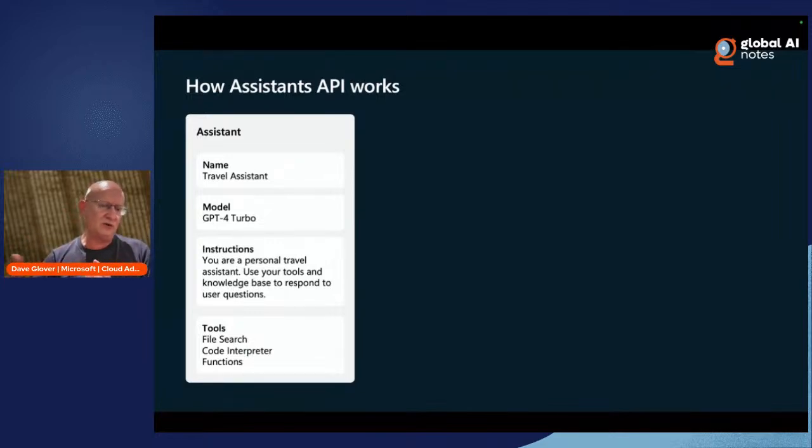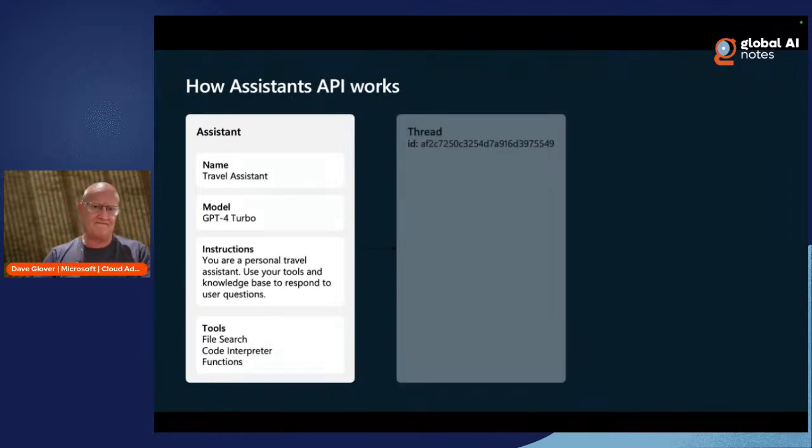So it's called an instruction. An instruction can live at an assistant level, but interestingly enough, an instruction can also live at a thread level. So you can override it, but probably most of the time you'd live at the assistant level. And then you have these tools, which I mentioned before. So you've got file search, code interpreter, and functions.